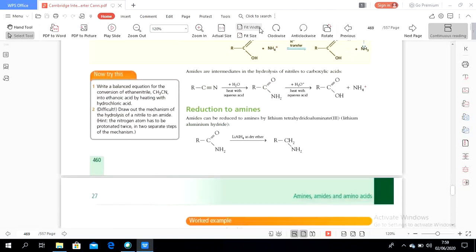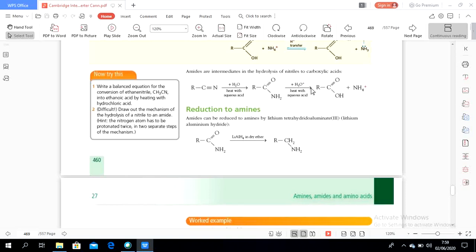Okay, amides are intermediates of the hydrolysis of nitriles to carboxylic acid. This is a nitrile, this is HCN, cyanide. Plus aqueous acid, it will become an amide.